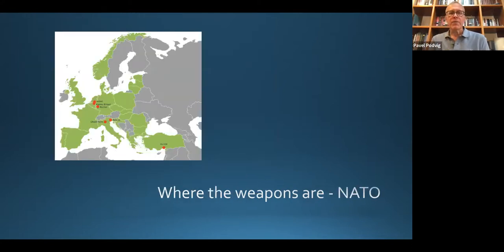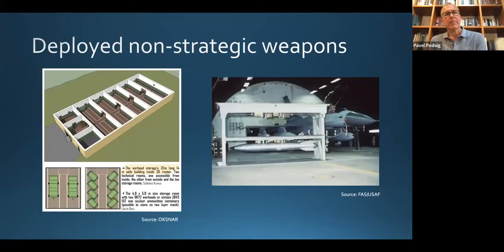Things are a little bit different in Europe, in NATO, but fundamentally it's roughly the same. So how would it look? When the non-strategic weapons are deployed, they are deployed in a certain way. They are not attached to their delivery systems.